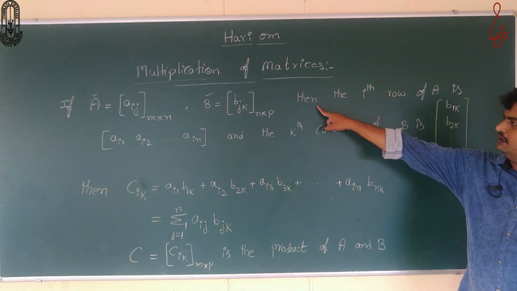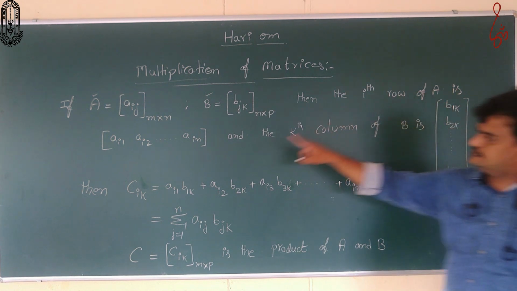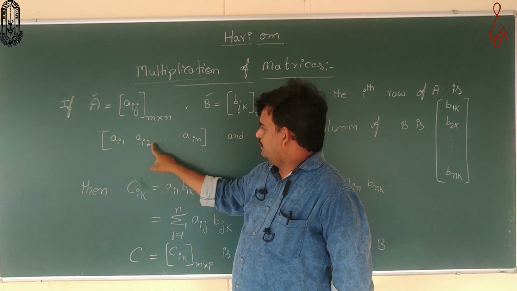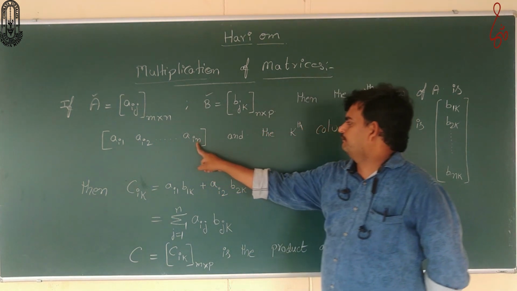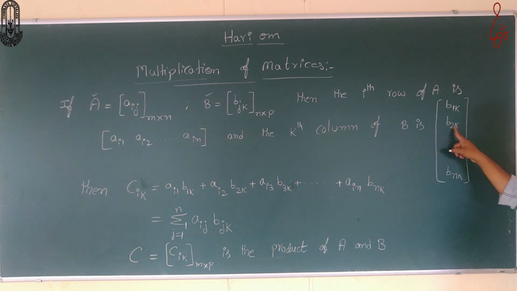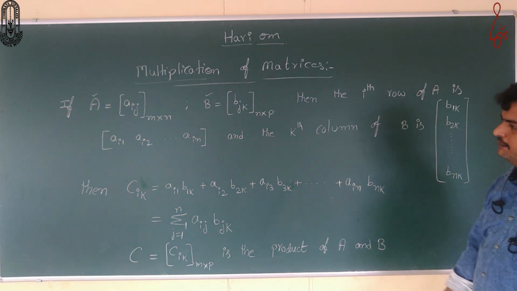When we have two matrices A and B, the ith row of A is ai1, ai2 and so on, ain. And the kth column of B is b1k, b2k and so on, bnk. Now when we multiply these two, how to multiply?